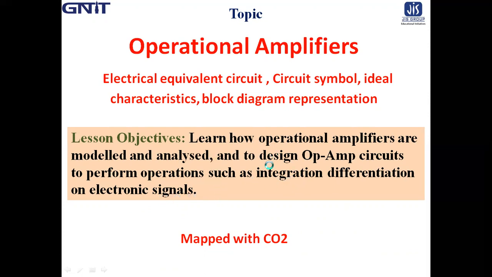This topic is mapped to CO number 2. So let us start lecture number 5 from module number 5, feedback and operational amplifiers, with the topic of operational amplifiers.